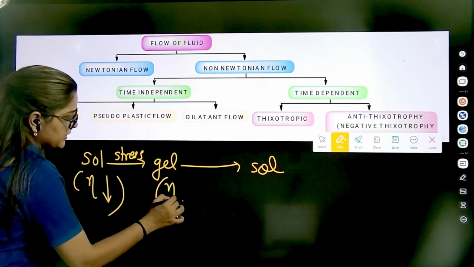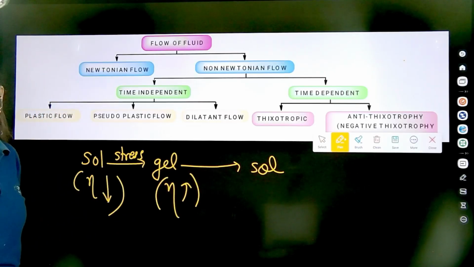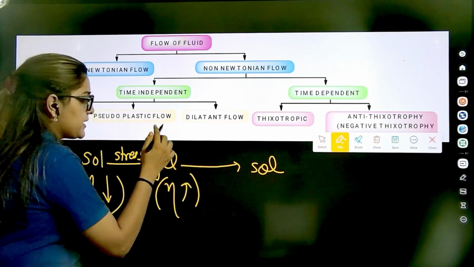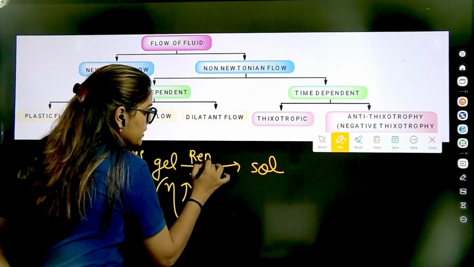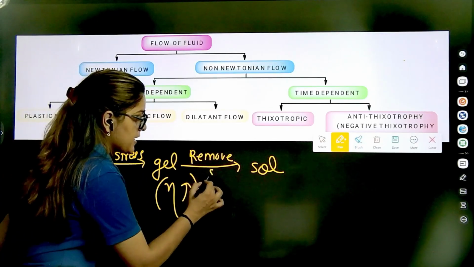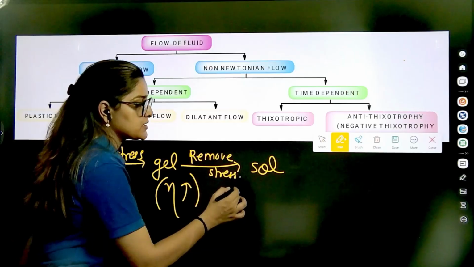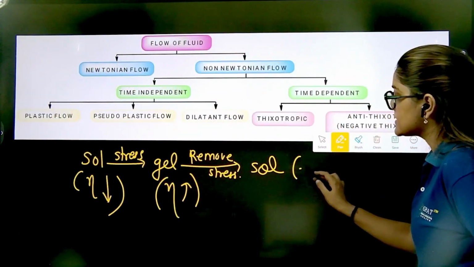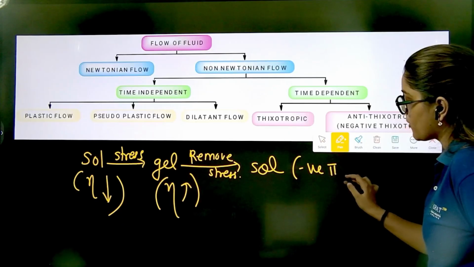That means it will increase in viscosity upon applying the stress. Now you remove the stress, it will come back to its original state of sol. Right? This will be termed as negative thixotropy.